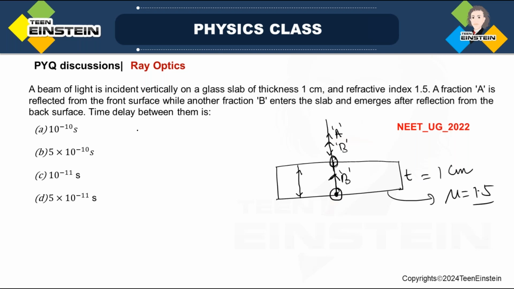After that, it will be coming back and cross this slab. So how much thickness it has to cross? 2T. So T is 1 centimeter. So 2 centimeter it has to cross. So this much traveling extra before emerging. So obviously there will be a difference or delay in time.